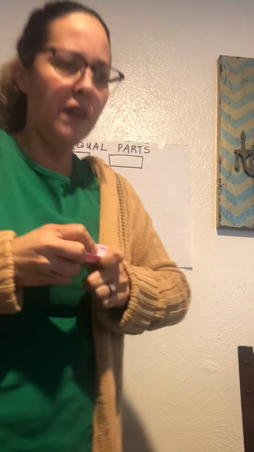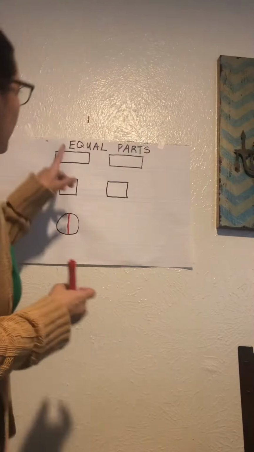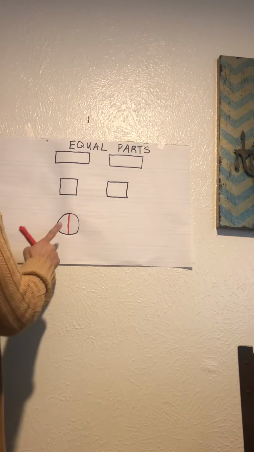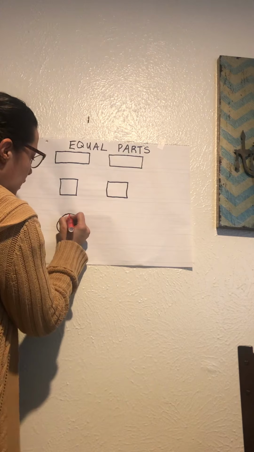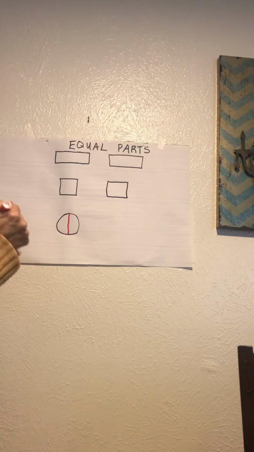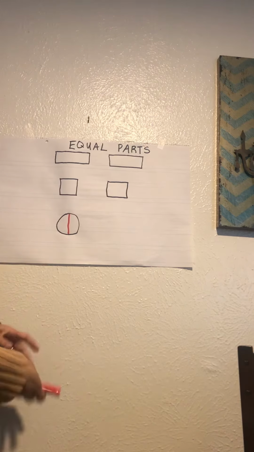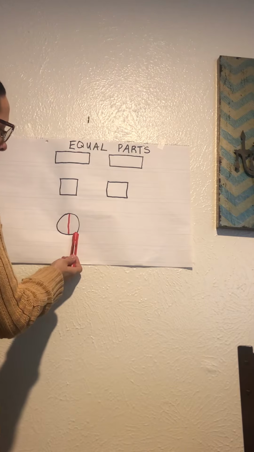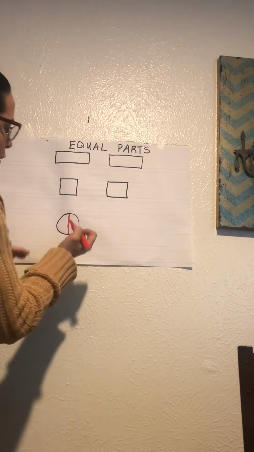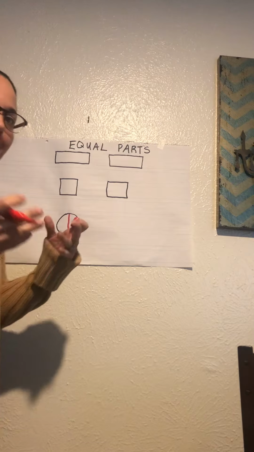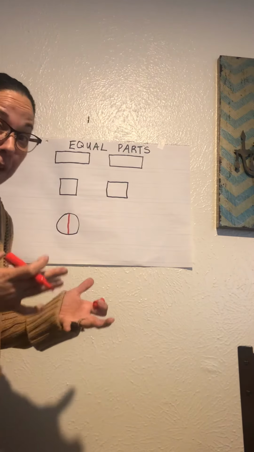So what I put on the board here was I put a rectangle, a square, and a triangle. And I put a line right down the middle of my circle here. So I broke this circle into how many parts? Let's see, 1, 2. And I put that line right down the middle so that each side is equal. They're the same.